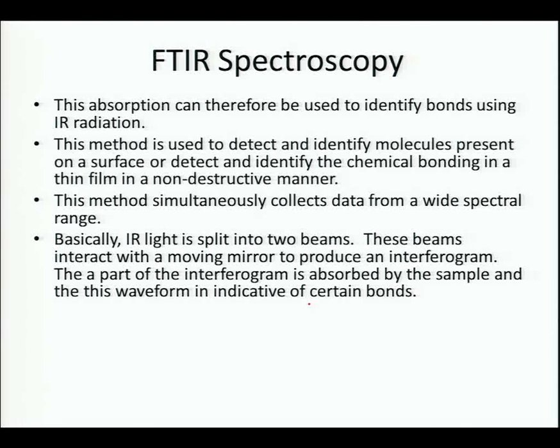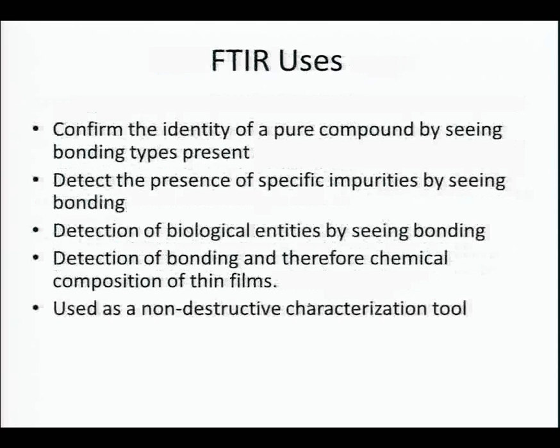This method simultaneously collects data from a wide spectrum range. Basically, infrared light is split in between two beams. These beams interact with a moving mirror to produce an interferogram. This is the part of the interferogram absorbed by the sample, and this waveform is indicative of certain bonds.